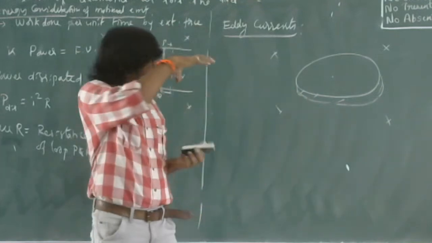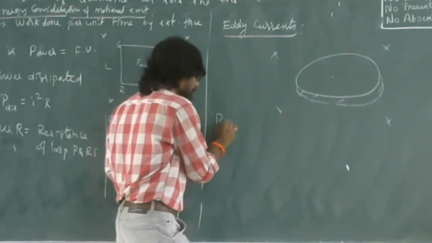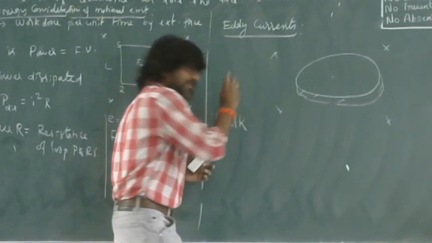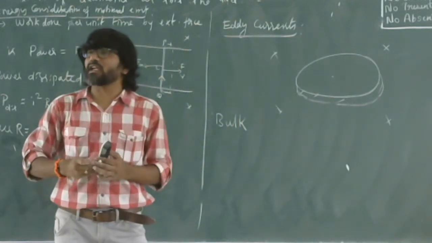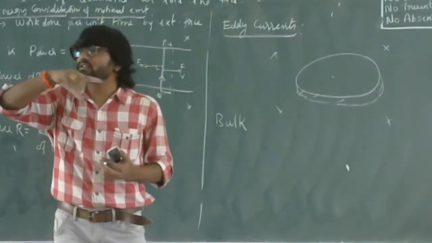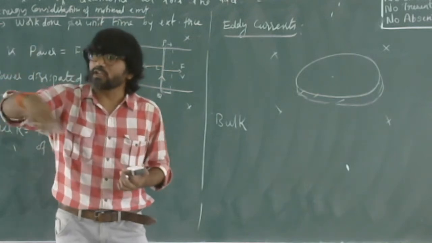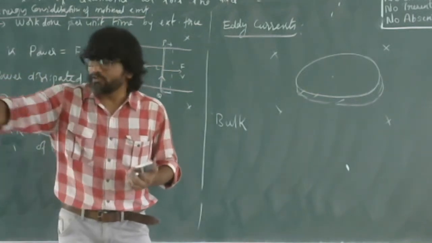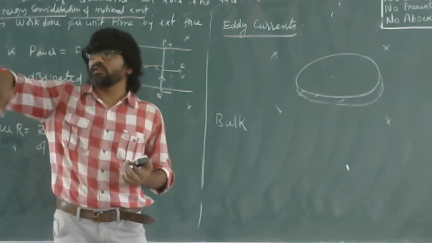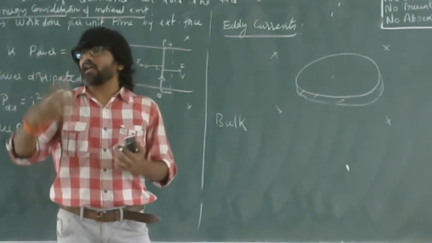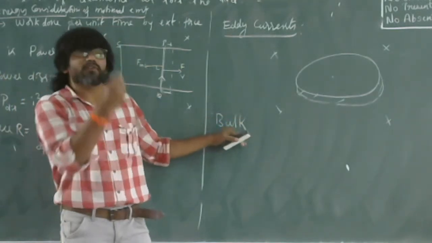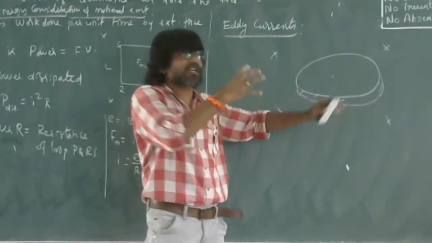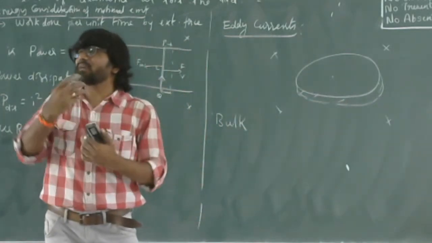But in the case of bulk conductors, these induced currents will be in the form of whirls. If you take a bucket of water and rotate the water with a finger or hand, whirlings appear like that.